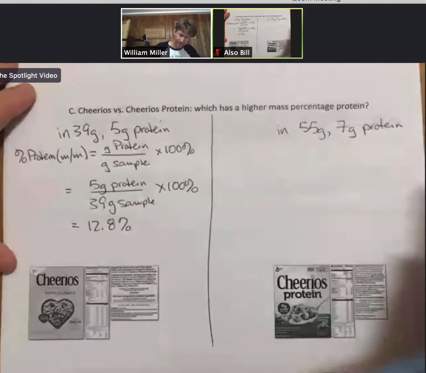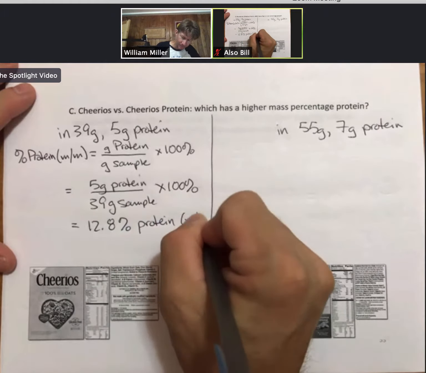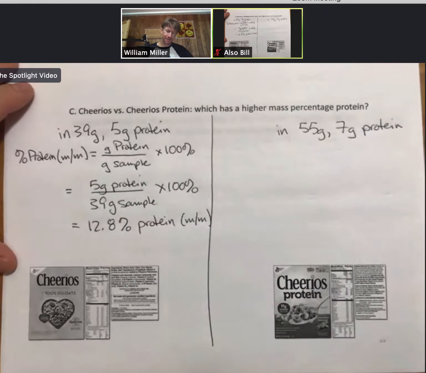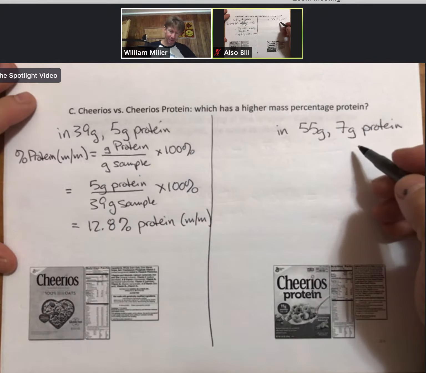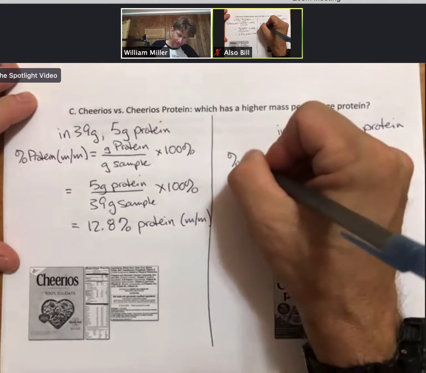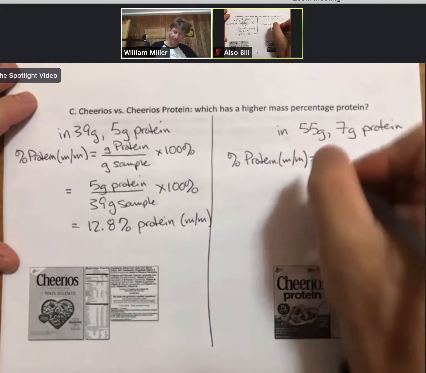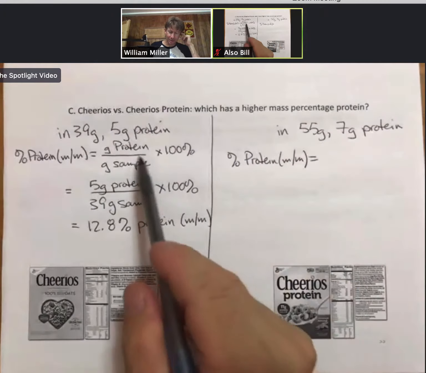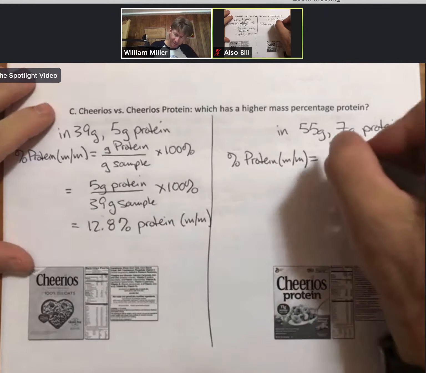Percent protein mass by mass. Now let's do it for Cheerios Protein. For Cheerios Protein, it's the same thing, but now we have 7 grams of protein and 55 grams of sample.